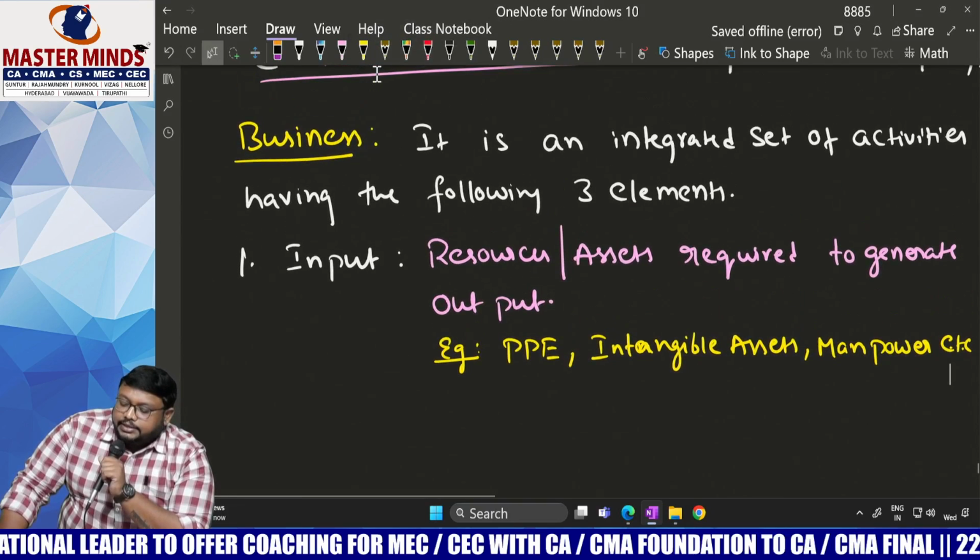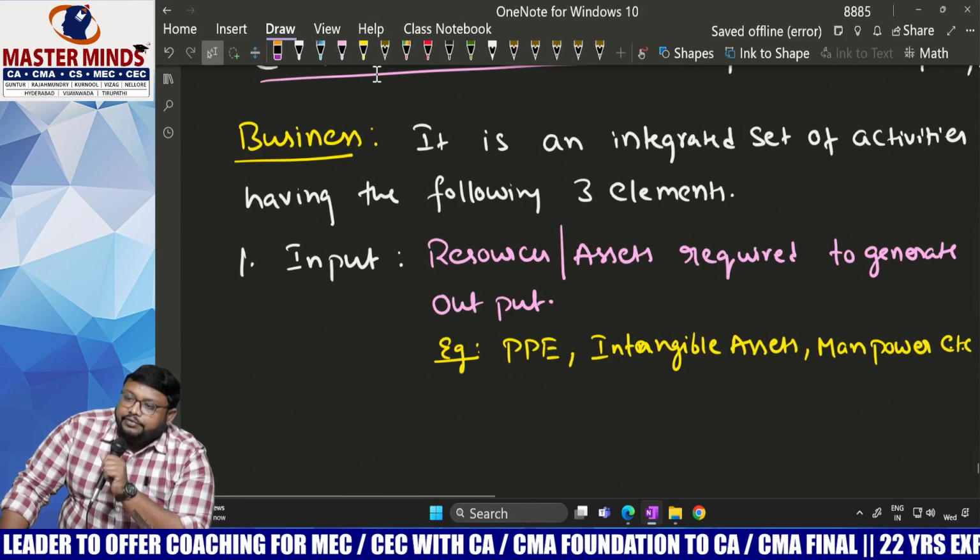So resources or assets required to generate output, that we call input.